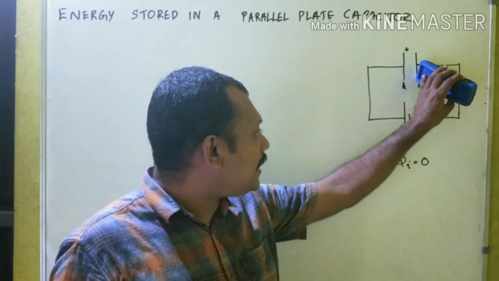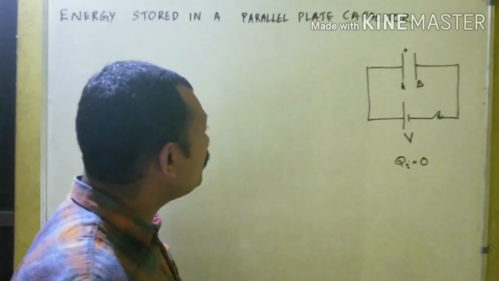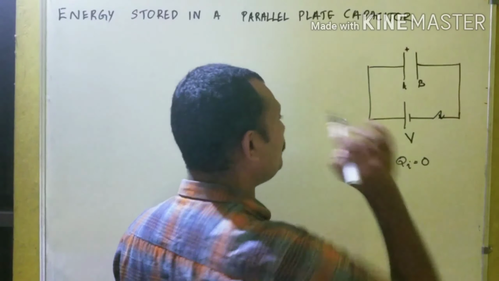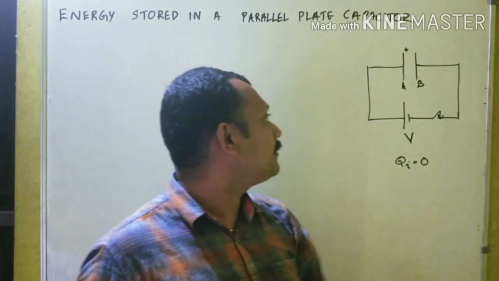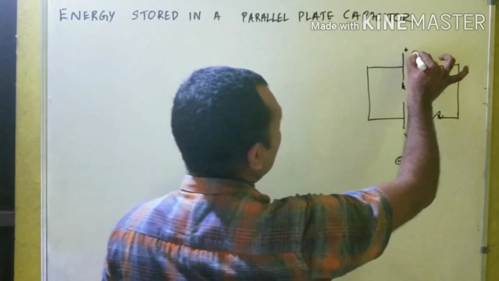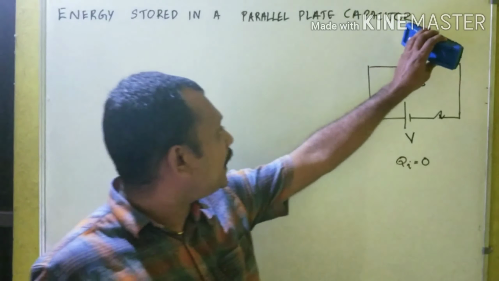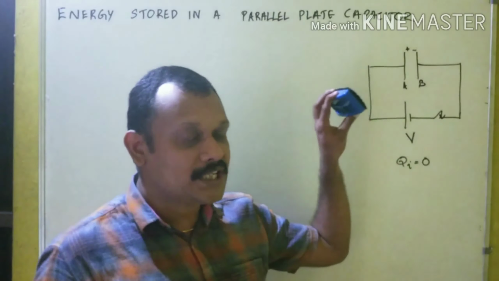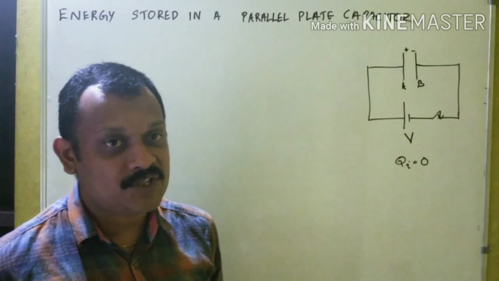Similarly, plate B is connected to the negative terminal of the battery, such that electrons will flow to plate B, leaving it negatively charged. That means the interior of plate A is now positively charged, and the interior of plate B is negatively charged.